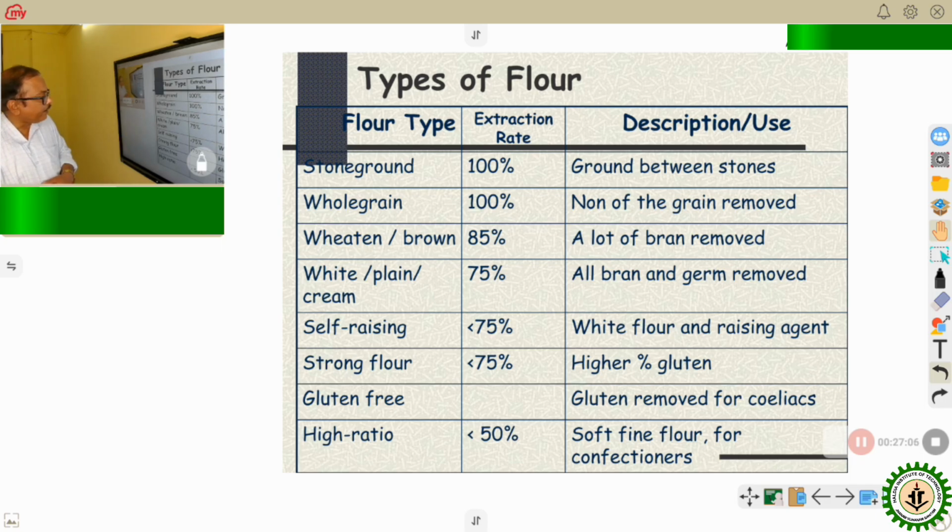Whole grain is 100%, wheat germ brown 85%. These are different types. However, the flour type is actually judged by the amount of endosperm portion taken. If I collect 40% of total 100% wheat grain, and in another case I am collecting 60%, then the former flour will be whiter than the latter because much of the bran etc. are separated in the former case, whereas those are added in the second case.